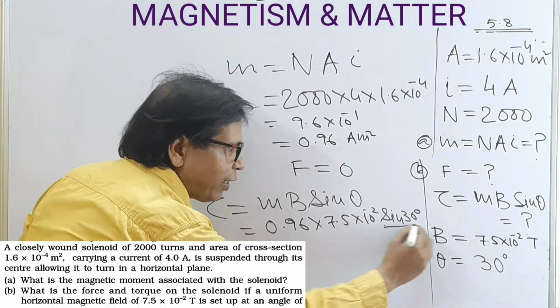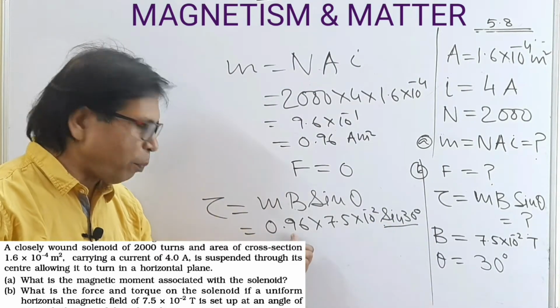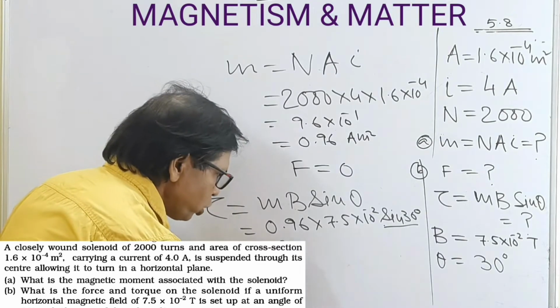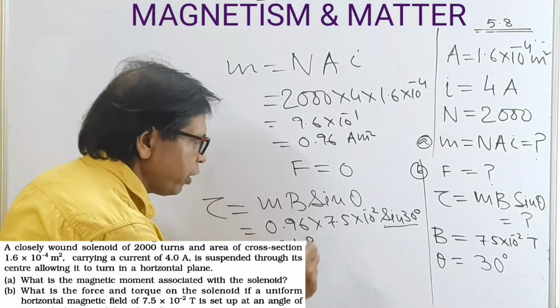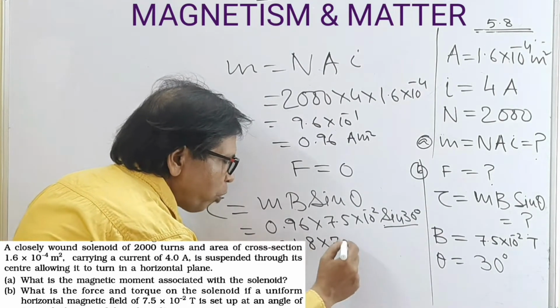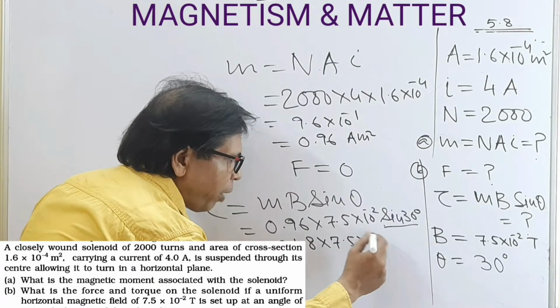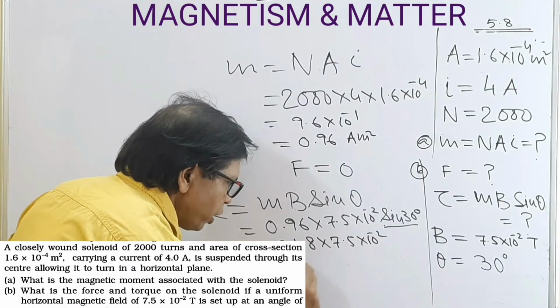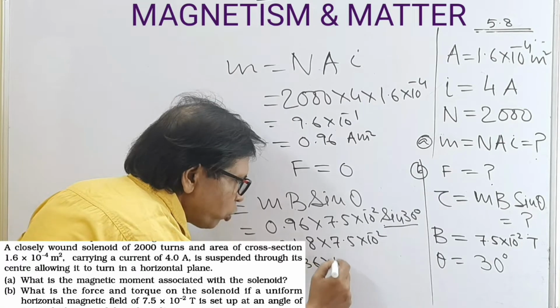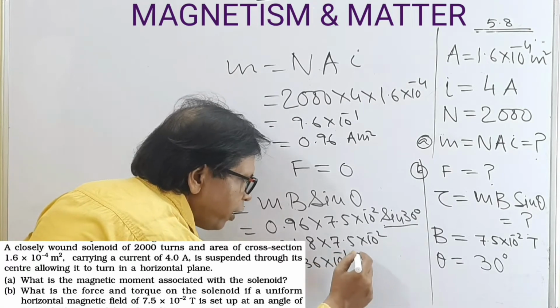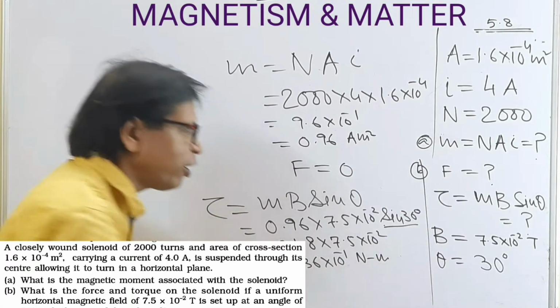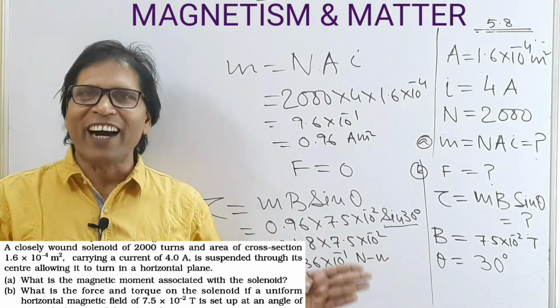Okay. Now sin 30 equal to half. So half into 0.96. So this is 0.48 into 7.5 into 10 to the power minus 2. So this is 0.36 into 10 to the power minus 1 Newton meter is the torque experienced by the solenoid.